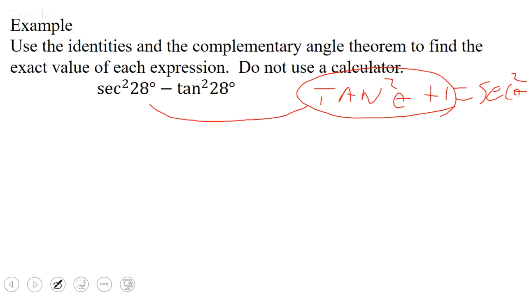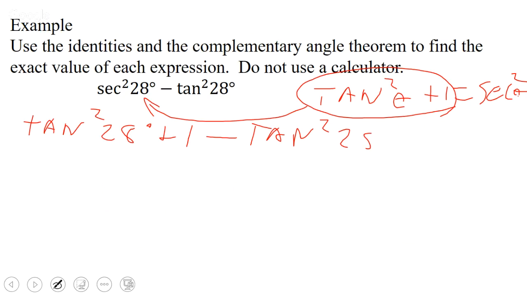Theta in this case is just 28 degrees. So we have tangent squared of 28 degrees plus 1 minus tangent squared of 28 degrees. Well, the tangent squareds cancel out, and that just leaves me with 1, and that's my answer.